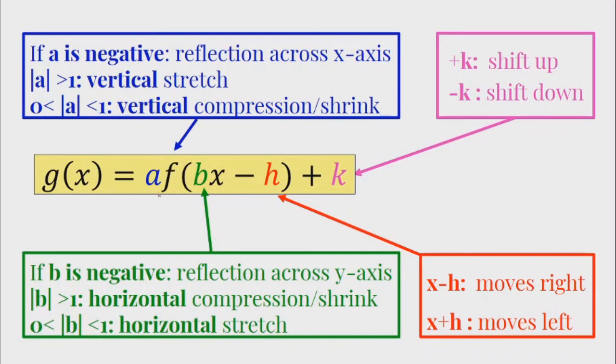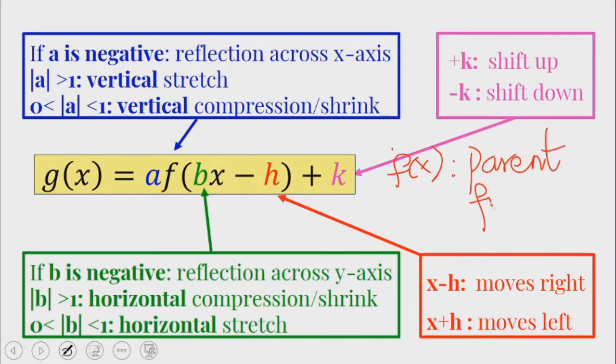So instead of showing a quadratic function, I'm just showing an f of x, where f of x is now the parent function. And g of x is now the transformation equation.